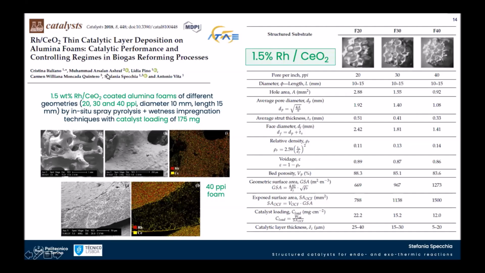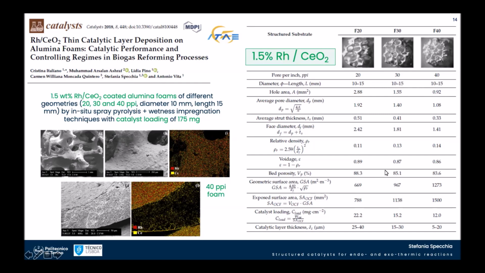Another work we made was, let's say, studying the reforming processes of biogas by using ceramic foams. So very similar to what we made with the monoliths, we studied different types of cells with different voids. So you see the pores per inch were 20, 30, or 40.